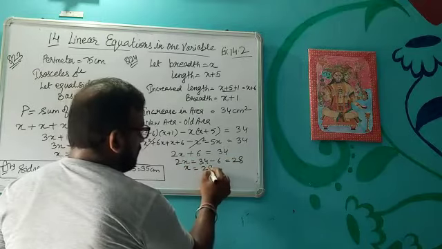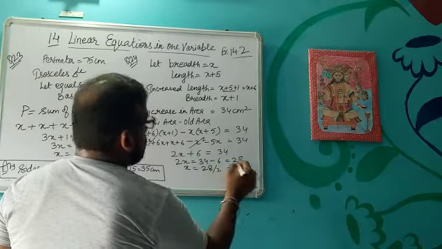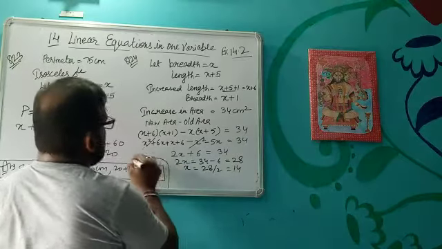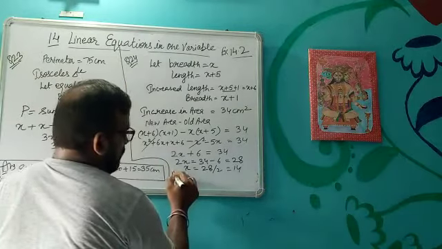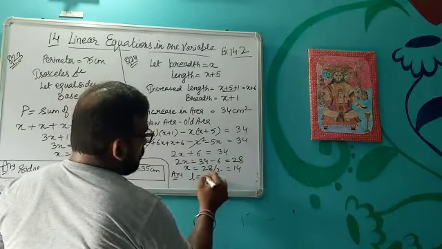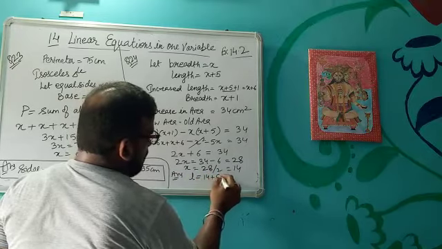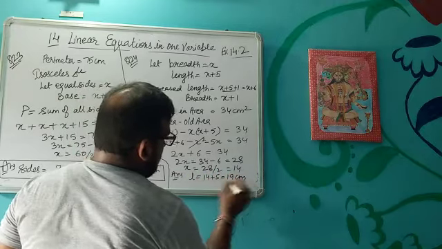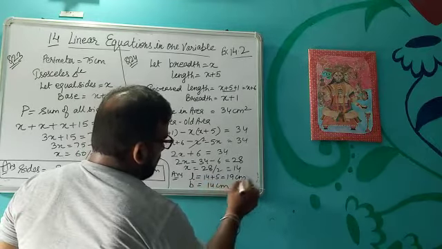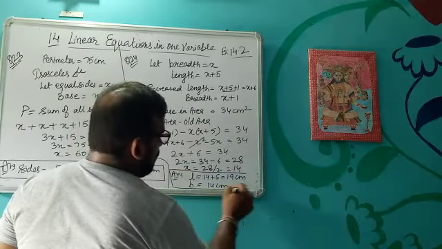So what is our x? 14. So our answer will be length is equals to 14 plus 5, that is 19 centimeter and breadth equal to 14 centimeter. So this will be our answer.